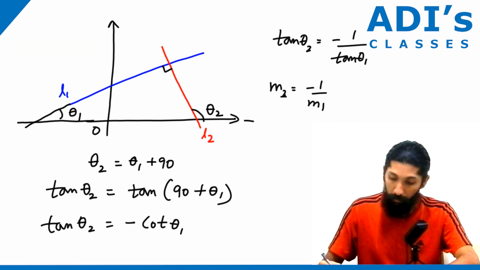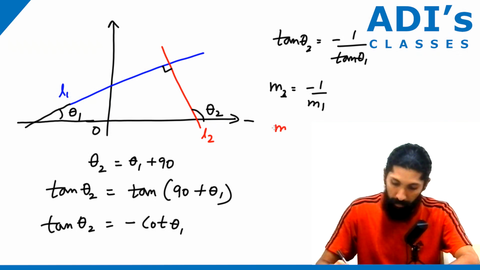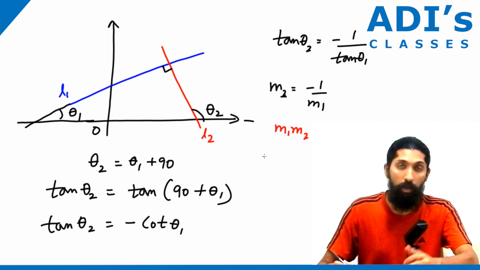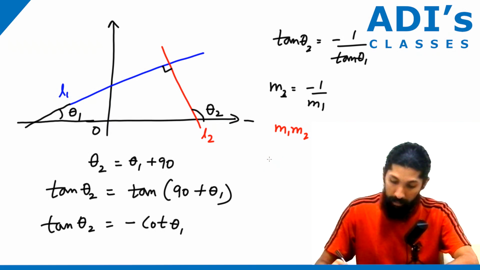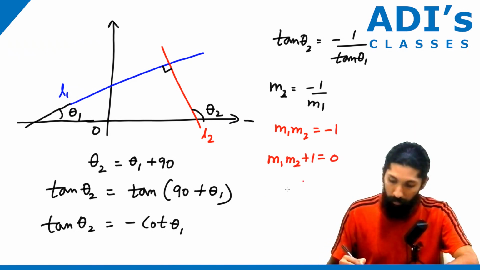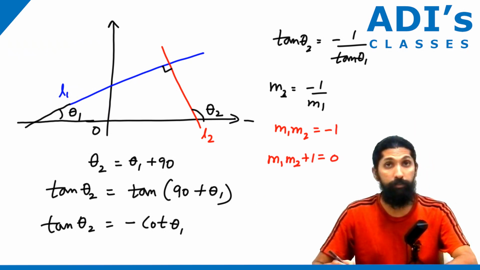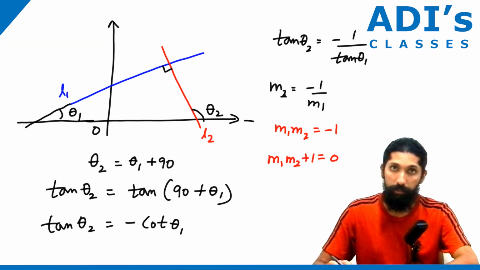Now cross multiply, what do we get? M1 into M2 is equal to minus 1. Or you can also write this as M1 M2 plus 1 is equal to 0. Either of these two. Got it?